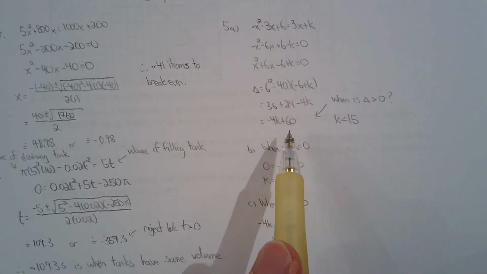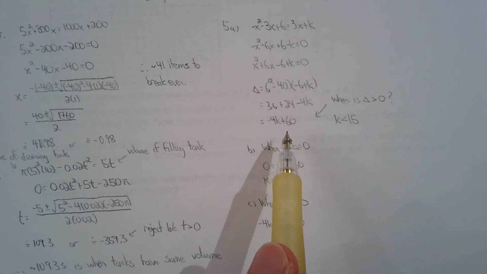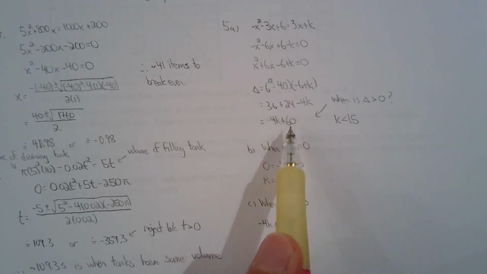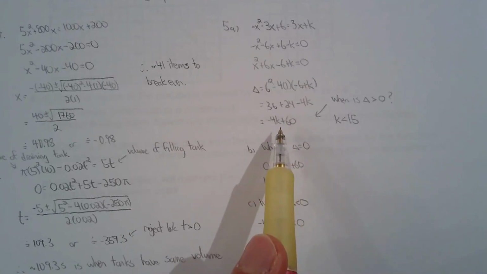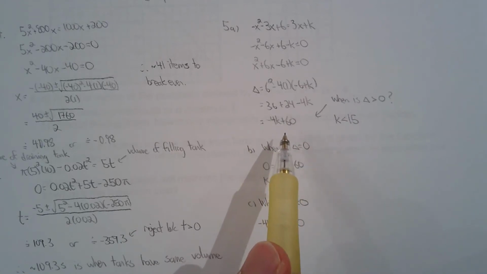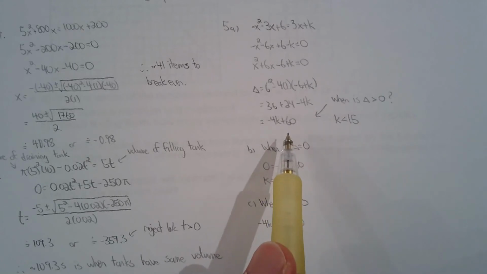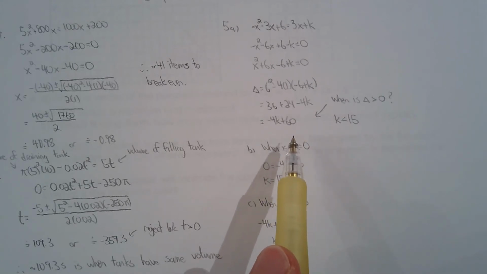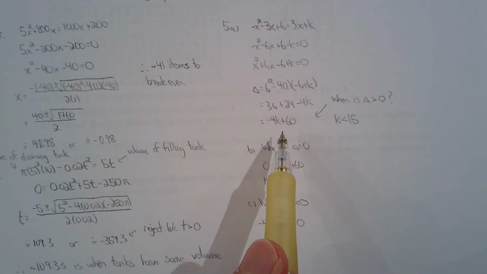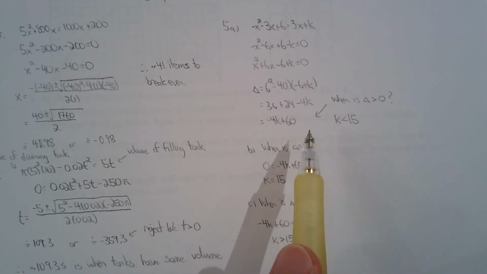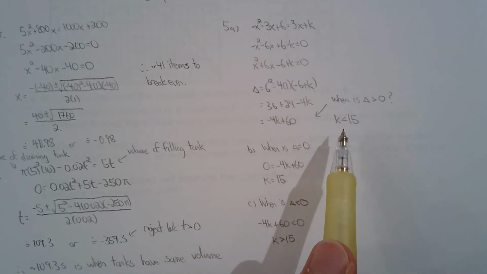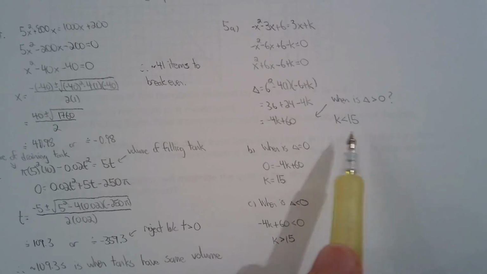Now in 5a, you're asking when it intersects 2 times. So you want the discriminant to be positive. So really study this. You can think of this as a line with a slope of negative 4 and a y-intercept of 60. So when is this greater than 0? Well, if you think about it long enough, you'll see that k is less than 15. If k is less than 15, then the discriminant is positive.